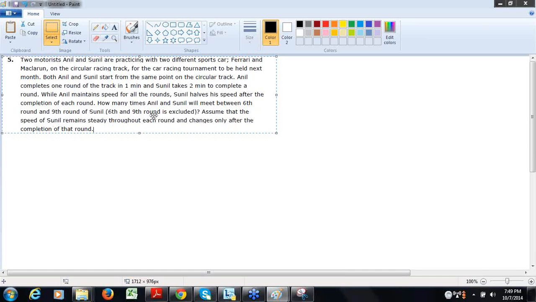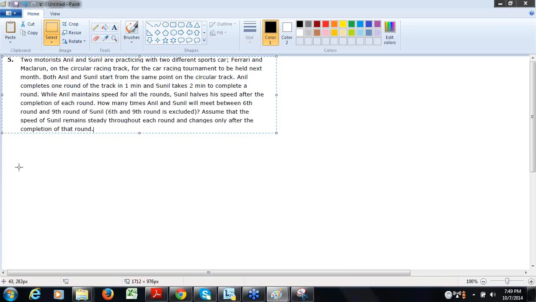That means the 6th and 9th rounds are excluded, so it is asking about the 7th and 8th rounds, the total number of times they meet. Assume that the speed of Sunil remains steady throughout each round and changes only after the completion of that round.